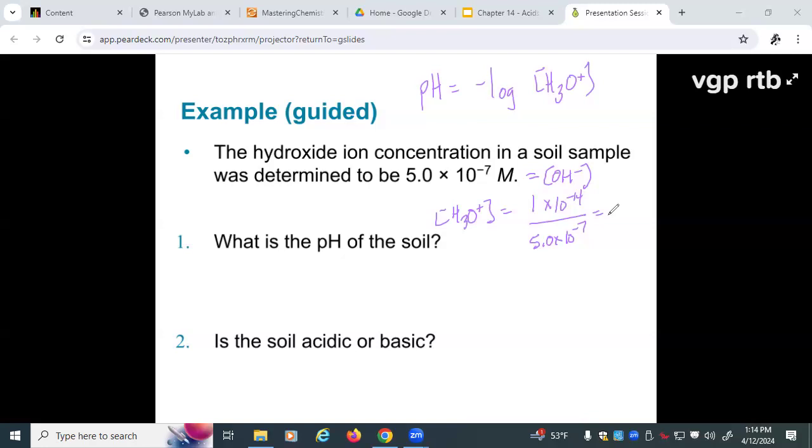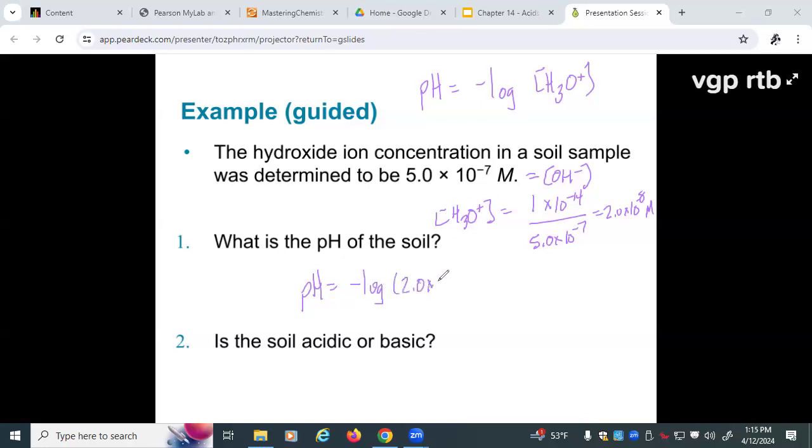So 1 times 10 to the negative 14th divided by 5 times 10 to the negative 7th. 2 sig figs here, 2.0 times 10 to the negative 8 molar. To find pH, I take the opposite of the log of the hydronium.